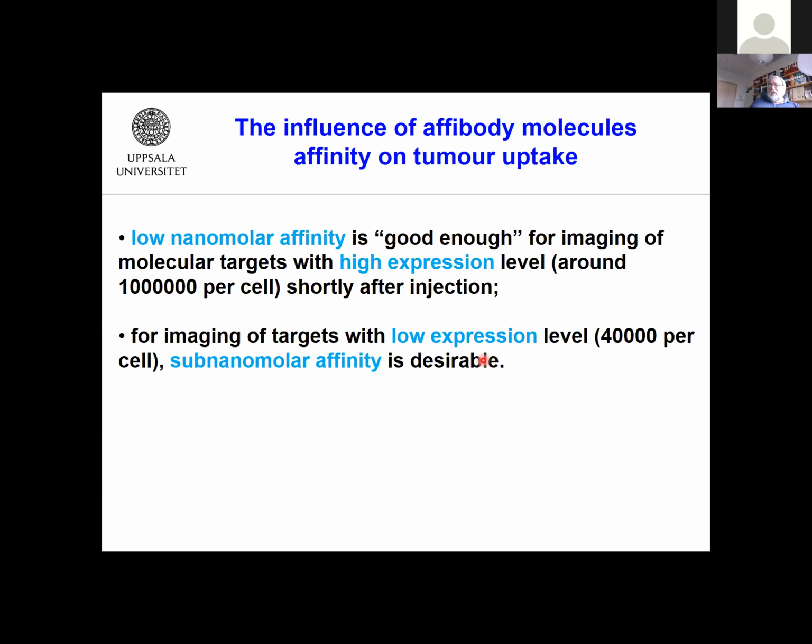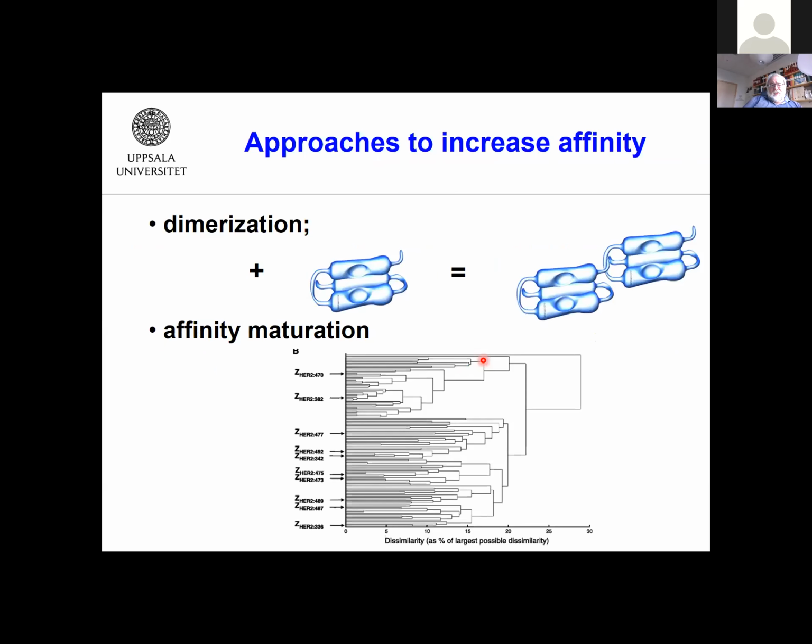So now we understood approximately to what level we have to develop our agents. Well, how to improve affinity? So we know how to do it. And there are generally two approaches. One is pretty straightforward. You dimerize your binder.